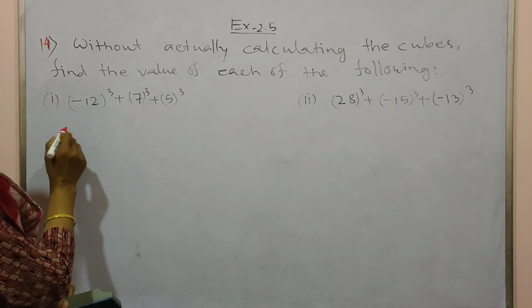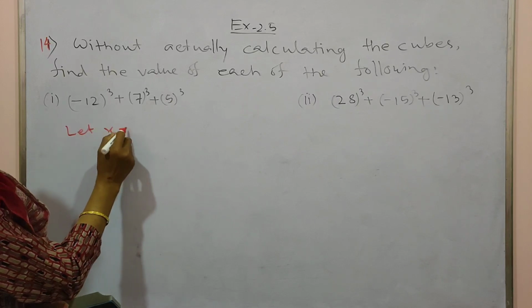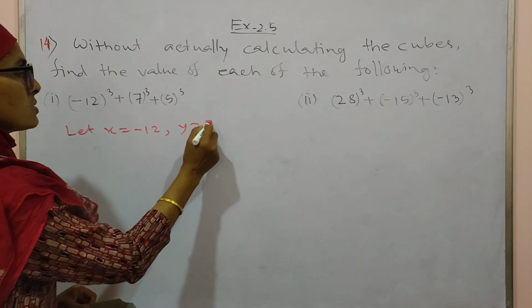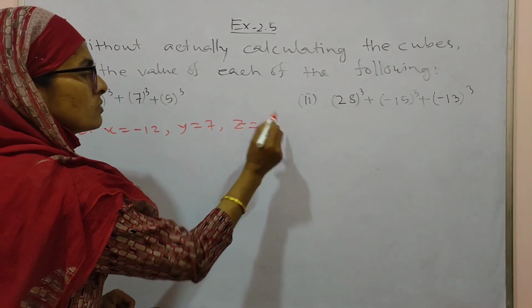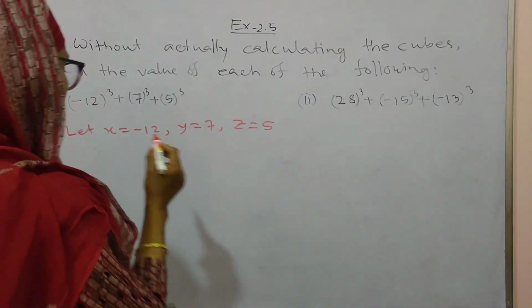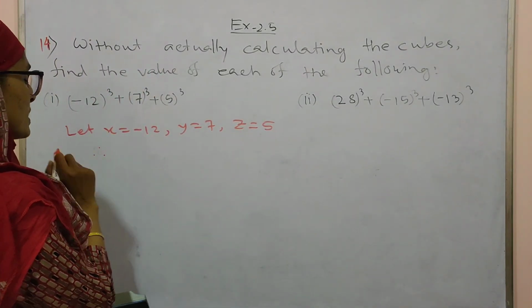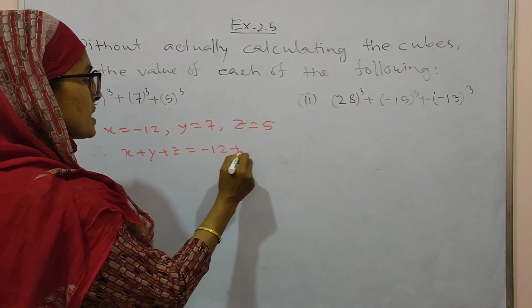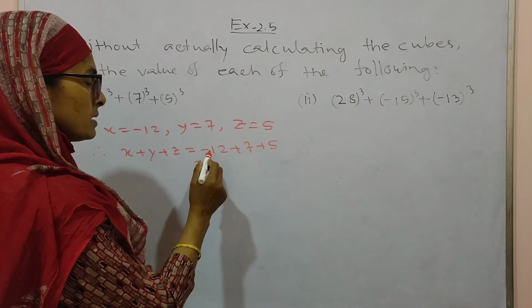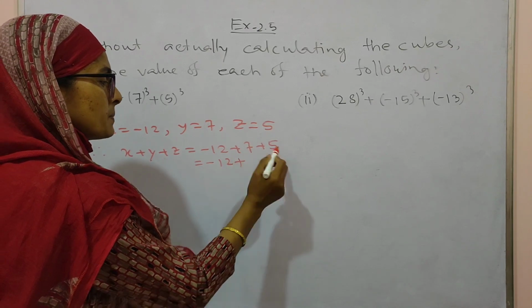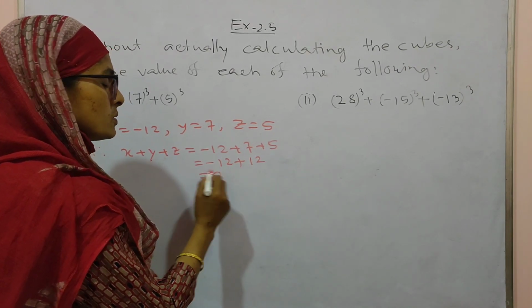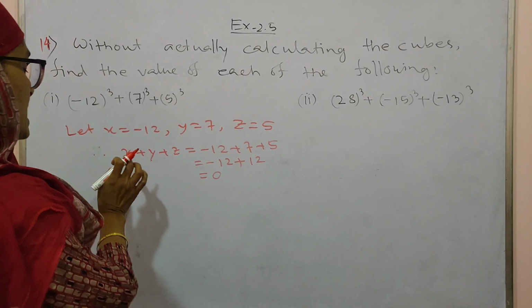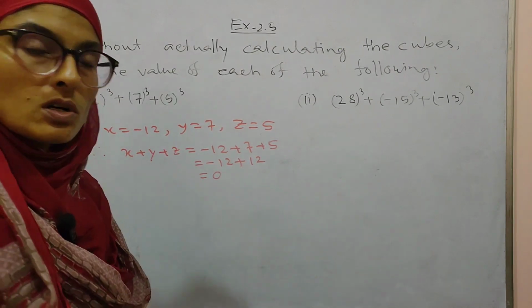Let x equal to minus 12, y equal to 7, z equal to 5. So x plus y plus z is minus 12 plus 7 plus 5, which gives 0. So x plus y plus z equal to 0.